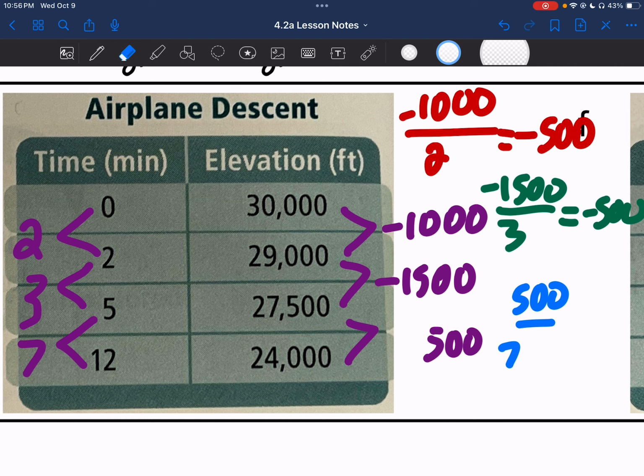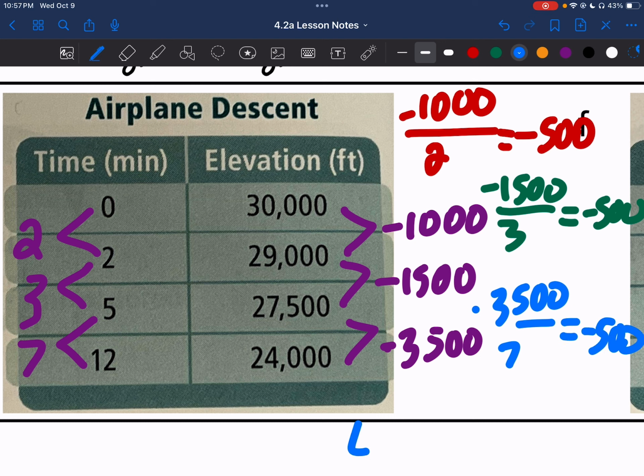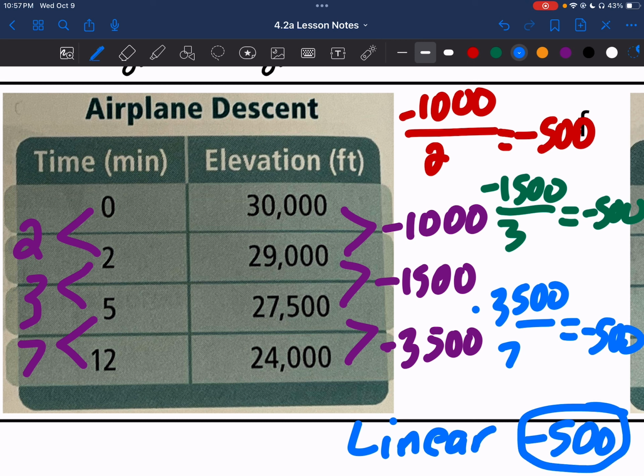So we're going to make that as a correction right away. So negative 3,500. And when we do the math, negative 3,500 over 7 is going to still equal negative 500. So this is linear with negative 500 as our rate of change. We're going down 500 feet for every 1 minute of our descent.